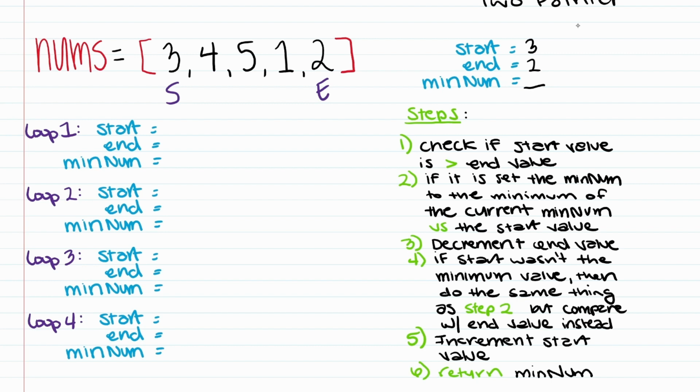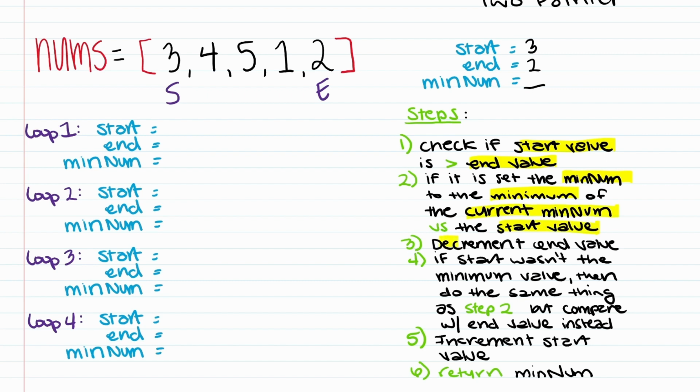Let's take a look at how we're going to solve the problem. So let's take a look at the steps. Step 1, we're going to check if the start value is greater than the end value. Step 2, if it is, set the min num to the minimum of the current min num versus the start value.